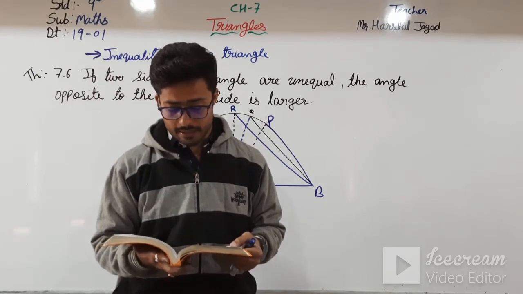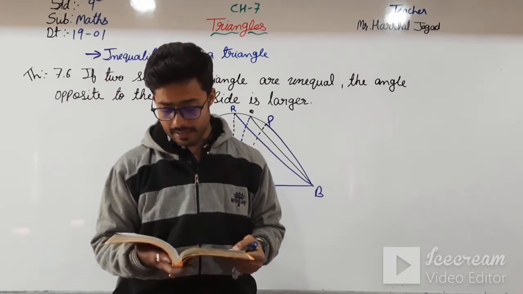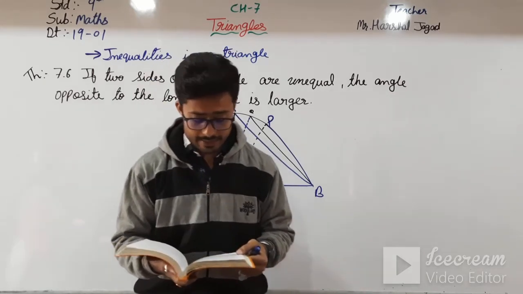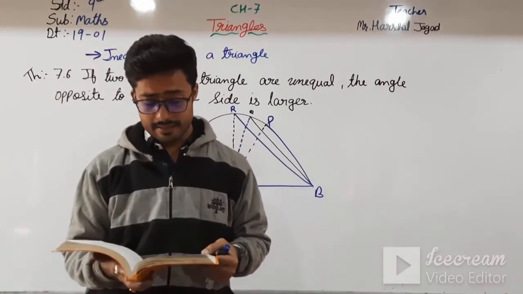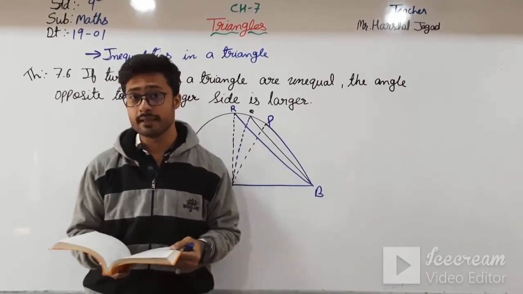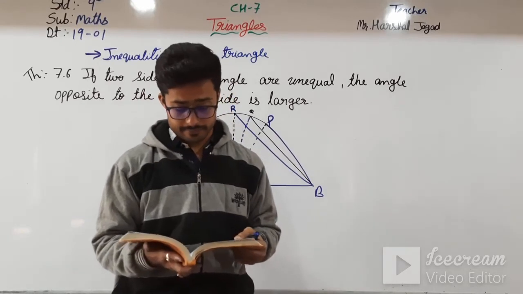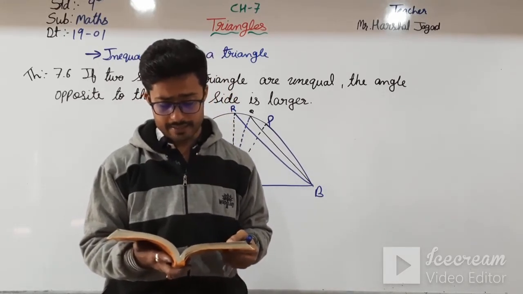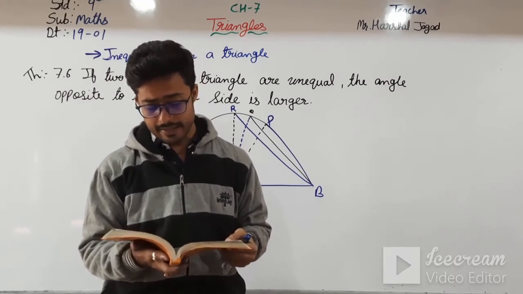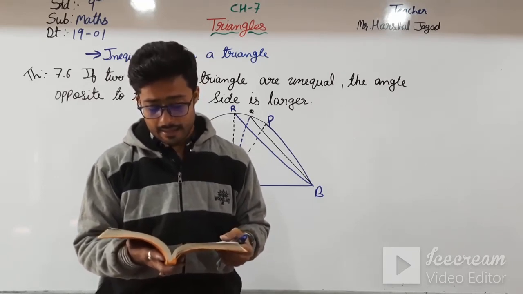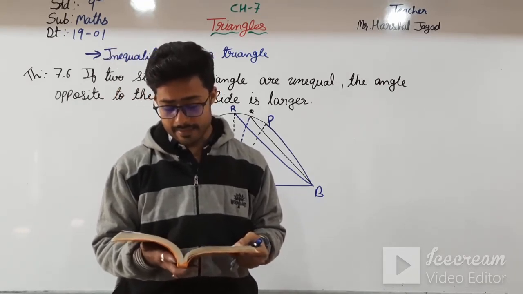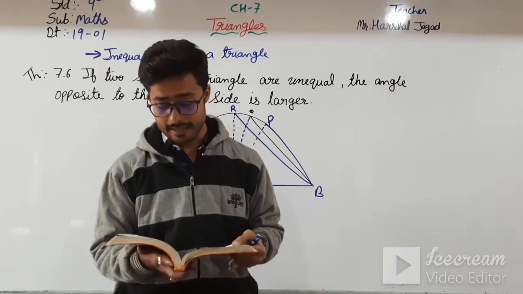Observe that the length of the side is also increasing, that is, angle TAB is greater than angle SAB, greater than angle RAB, greater than angle QAB, greater than angle PAB, and TB is greater than SB, SB is greater than RB, RB is greater than QB, and QB is greater than PB.